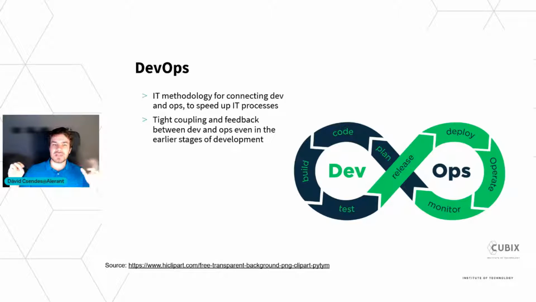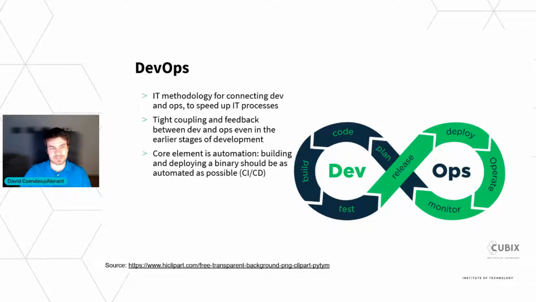And they will have stronger feedback between each other, even at the earliest stages of development. One of the key elements for this is automation. So, for example, building, deploying binaries, testing these, releasing, deploying, and monitoring, all these should be as automated as possible. And this is how we can get to continuous integration and continuous deployment.